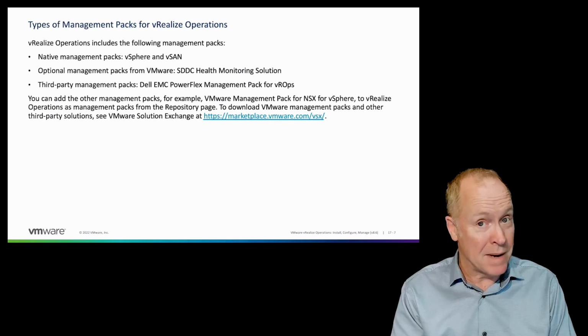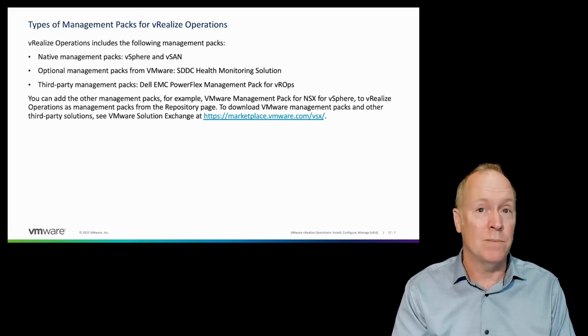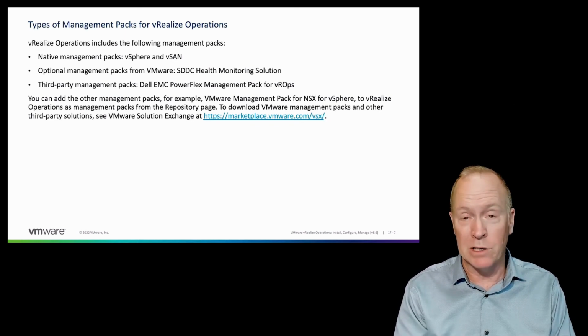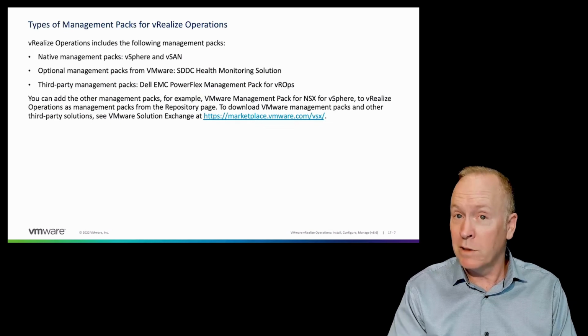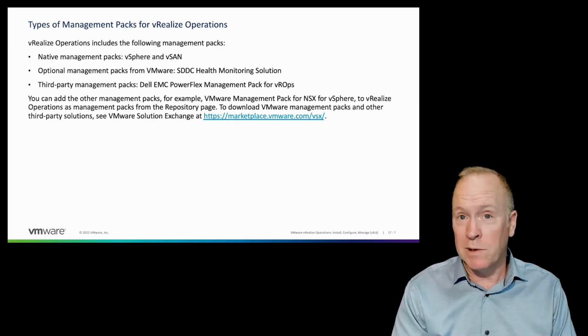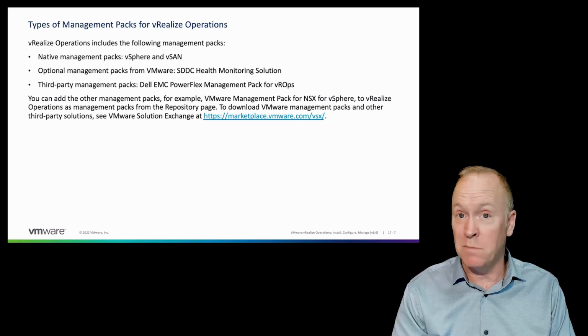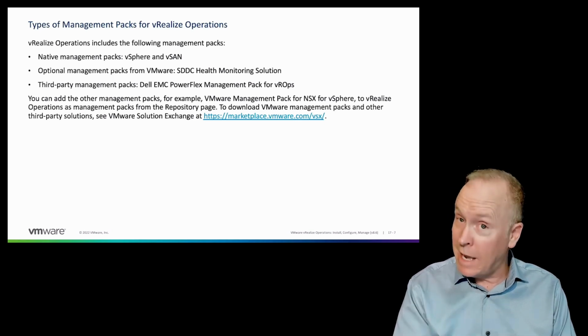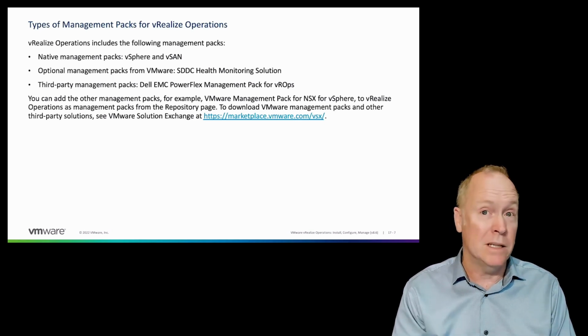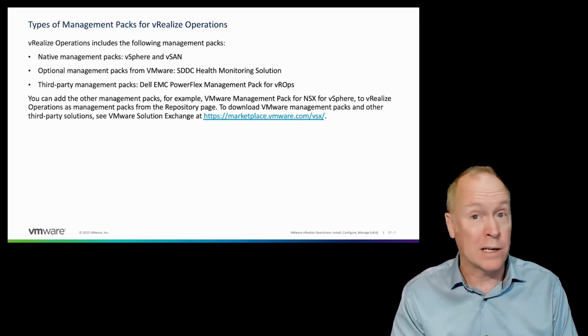Now, obviously, the management packs that are built into vRealize Operations are there and ready for you to use, but for any management packs that are not already installed, you can go investigate what other ones are available by going to marketplace.vmware.com. That's VMware's clearinghouse for add-on software to enhance all sorts of VMware products. So marketplace.vmware.com has management packs for enhancing vRealize Operations, plus add-ons for other products from VMware.